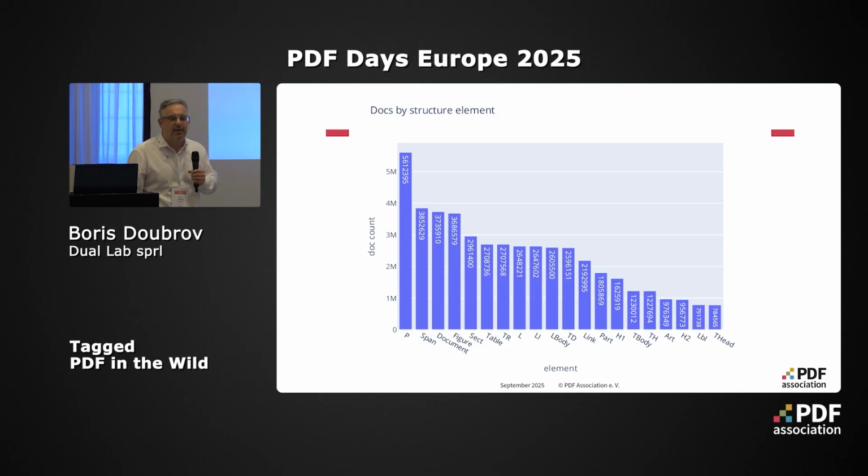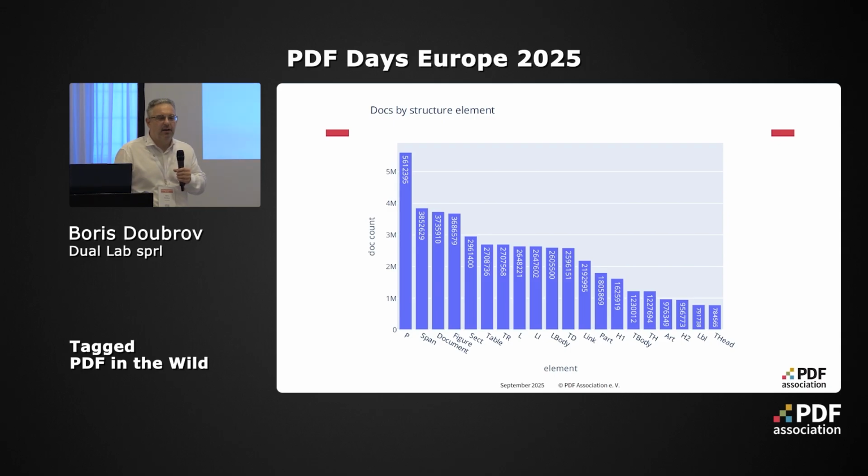One question. This is only tagged documents, obviously. Yes, of course. What's the number of tagged documents in your collection? Because I would expect a tagged document to contain at least one P, or Document. How come? Okay, I didn't present this earlier, but that's a correct question.